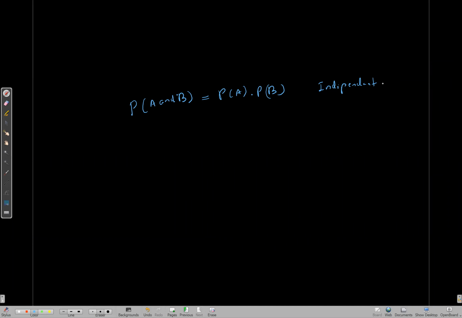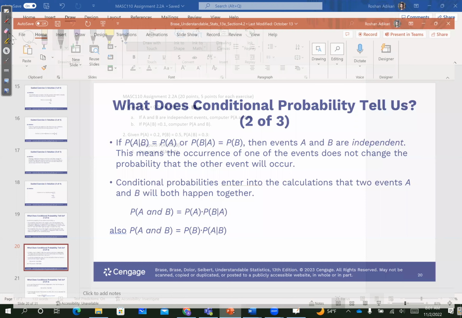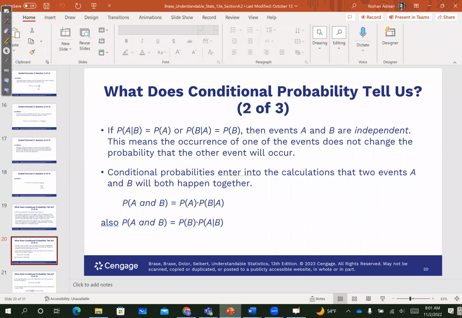Otherwise it is slightly different. And let me see, you can find this in your slides. These slides are very good. So if the cases are dependent, that one depends on the other, then the probability is defined like this: P(A and B) equals P(A) times P(B given A).